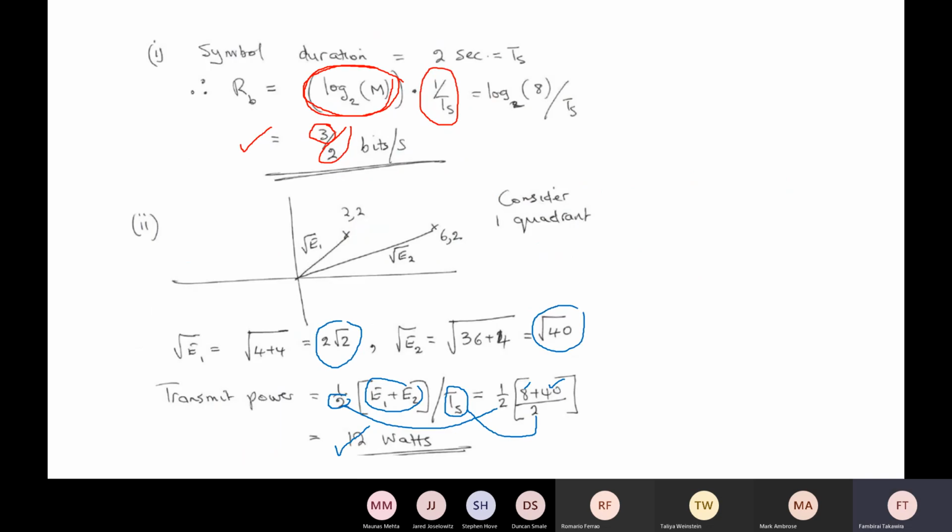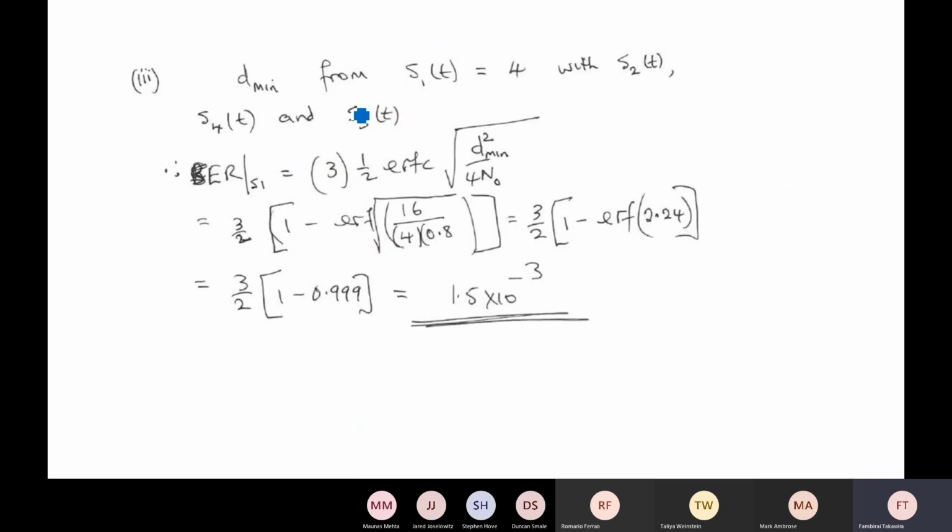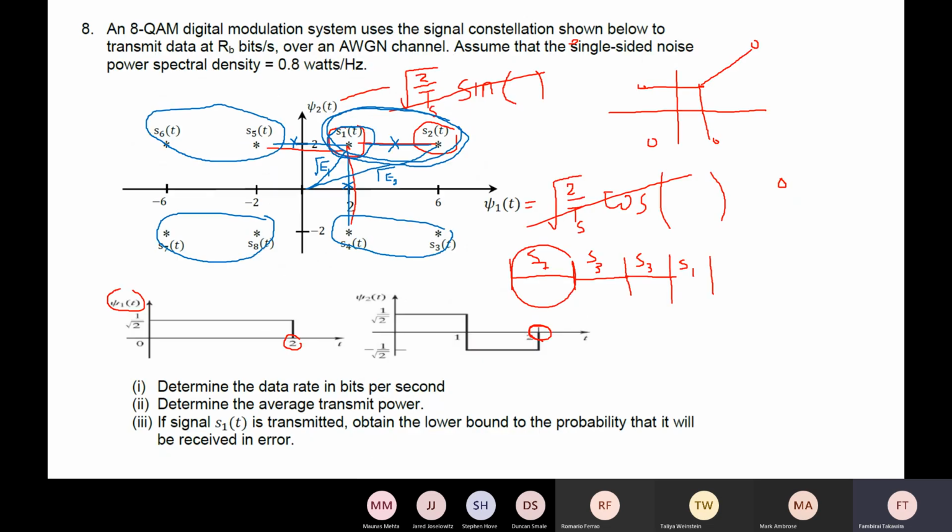We would then say the probability of error would be 3, because we have 3 adjacent signals, multiplied by 1/2 erfc of d squared upon 4N naught, where d is the distance between the 2 points. Now, in this case, d can be worked out directly from the constellation.